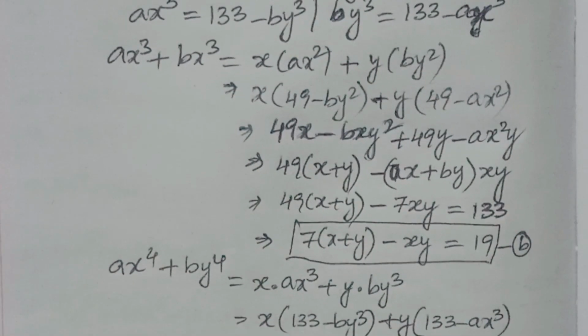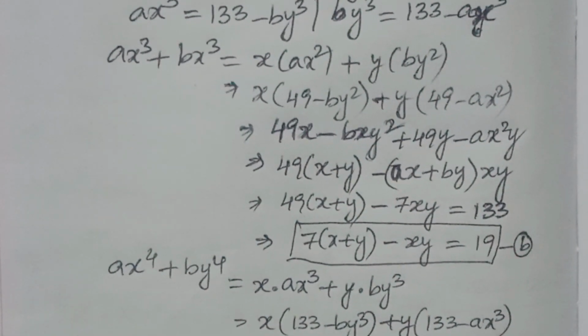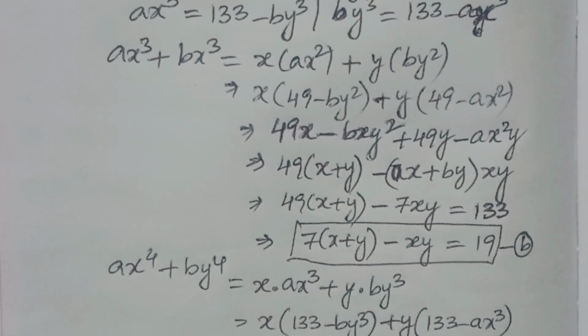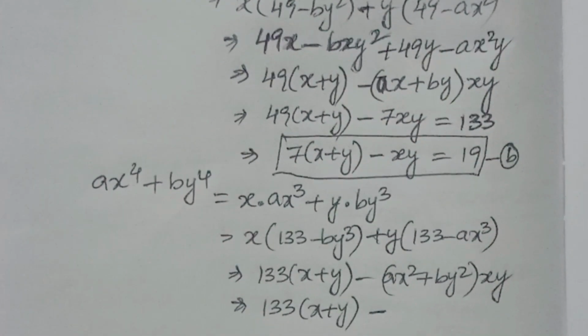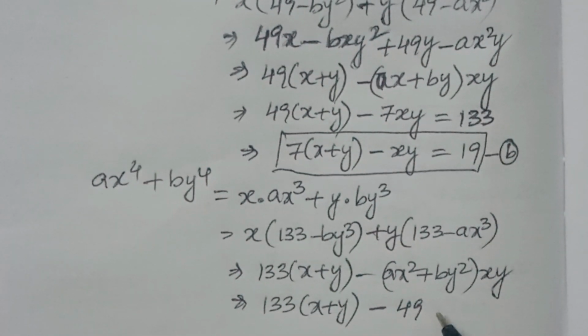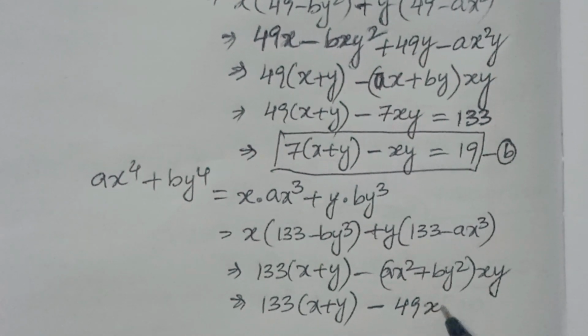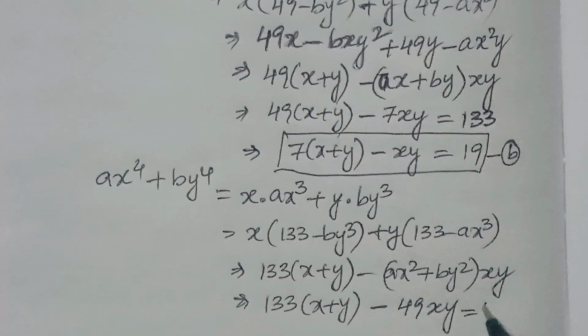So here you'll get 133 (x plus y) minus 49xy. This value is 406.